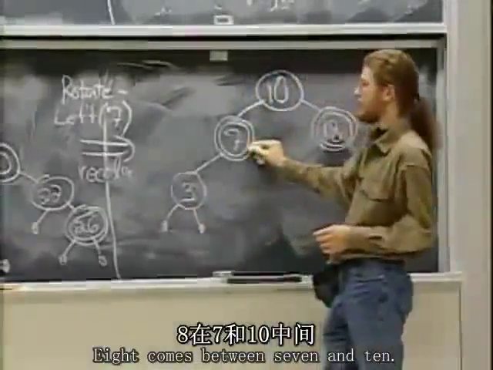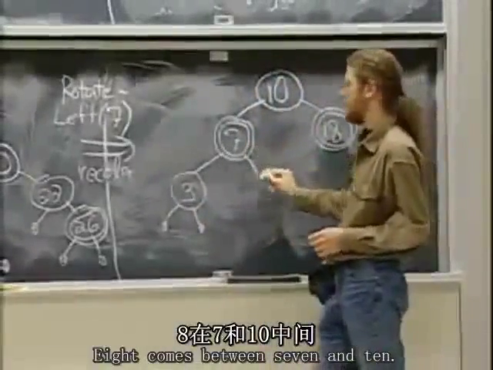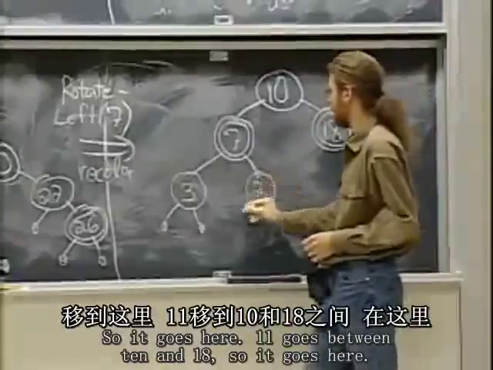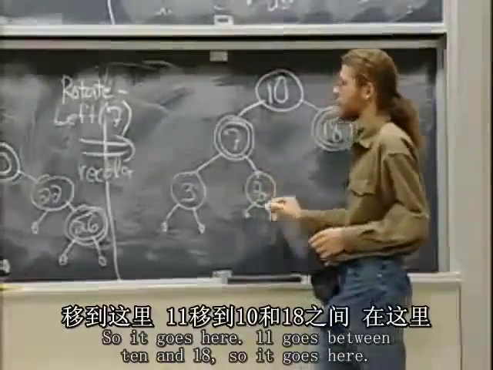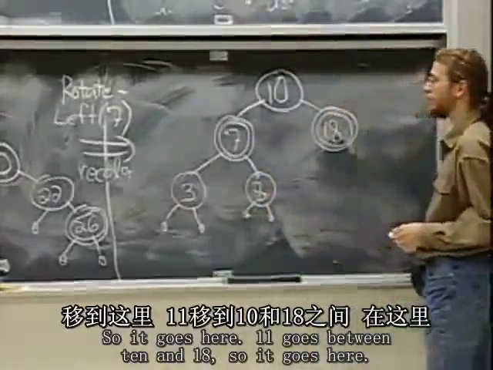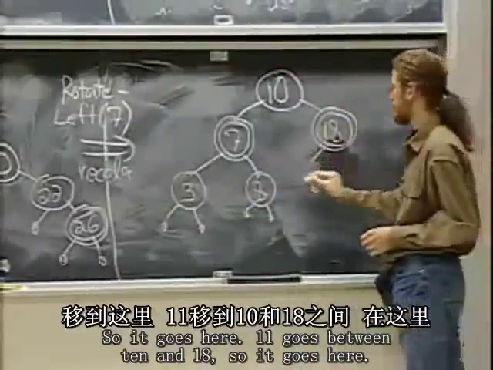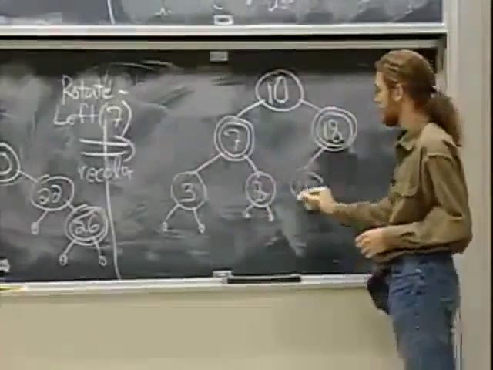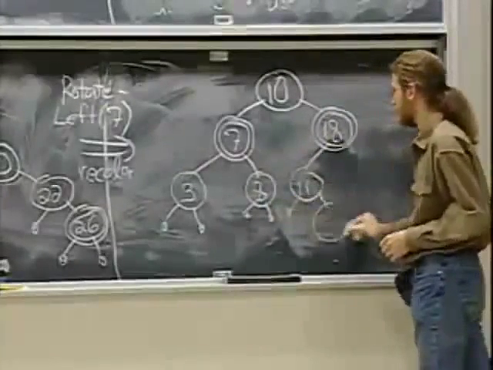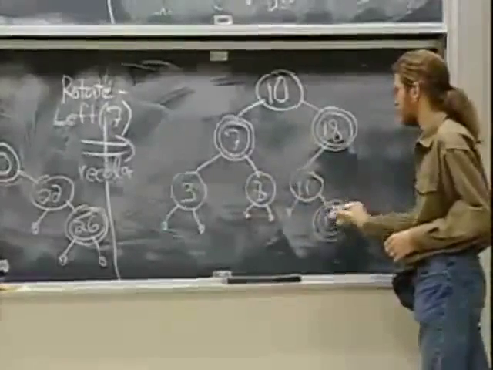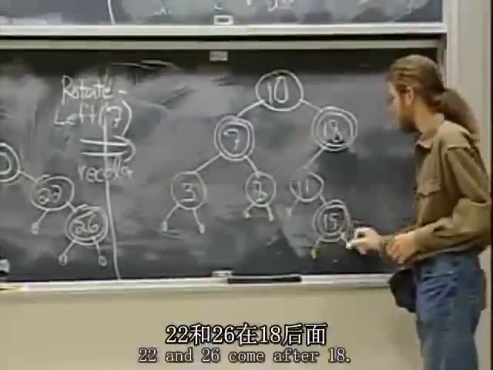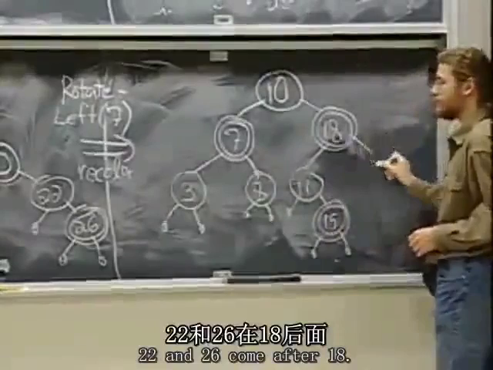Eight comes between 7 and 10, so it goes here. 11 goes between 10 and 18, so it goes here. 22 and 26 come after 18.